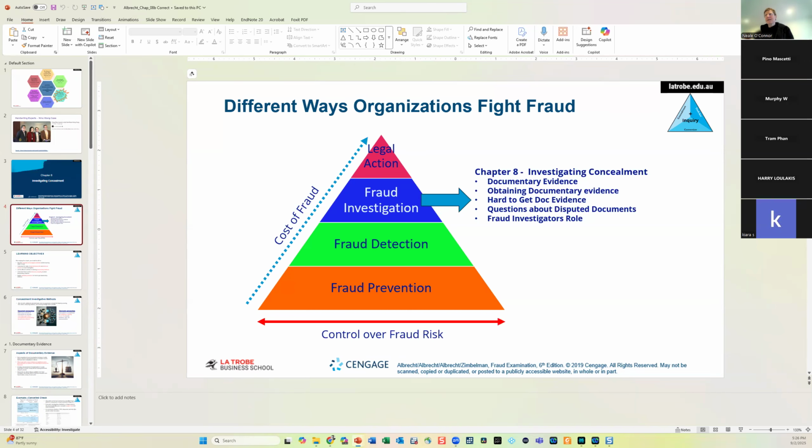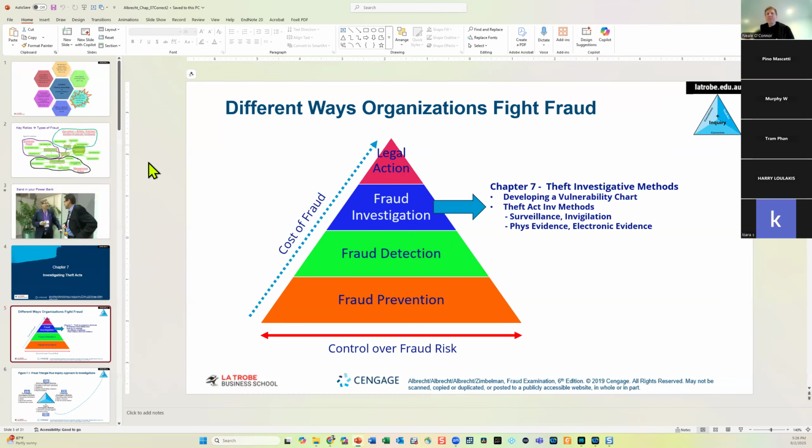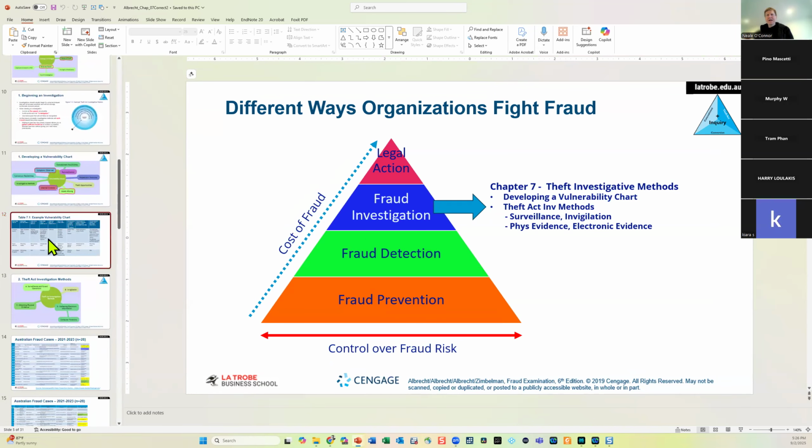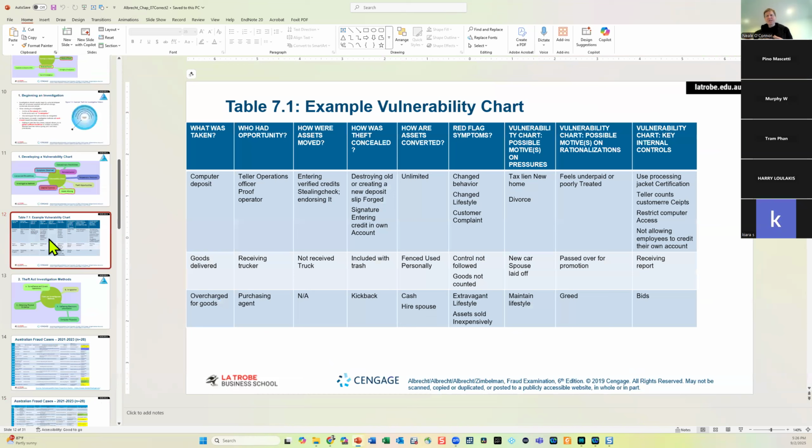Now we want to find out who committed the fraud and how it was committed. At the detection stage, we're just gathering symptoms, right? But once we get to fraud investigation, you need to document things out.